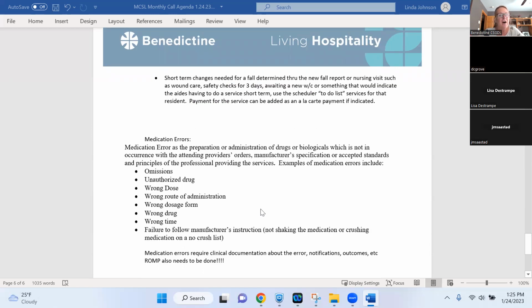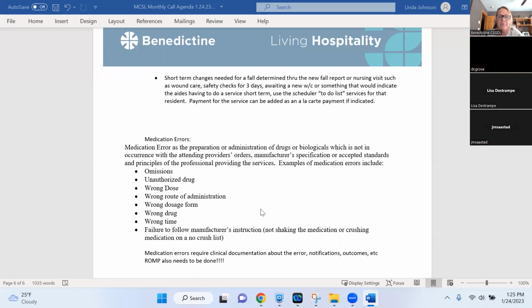Along with falls, we are not really seeing medication errors being documented. And so just to review, what is a medication error? Well, if you didn't give the med, so you have an omission, or they didn't chart it, that's technically a med error.